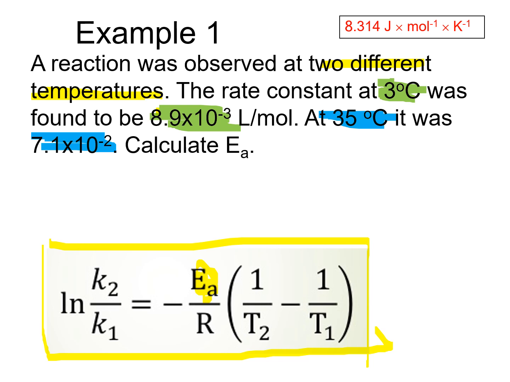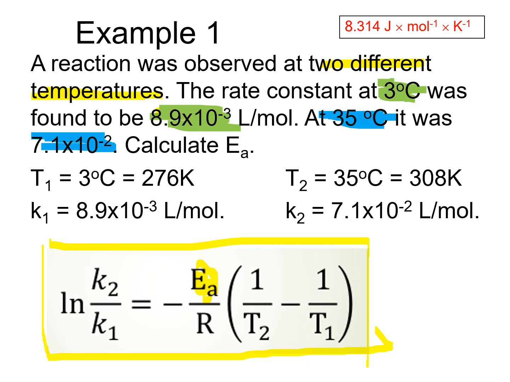So the problem with the units here is that you have the temperature in Celsius, so you need to transform it into Kelvin. You need to remember that R is in joules. So in this case, you are calculating EA, so the result will come up in joules.